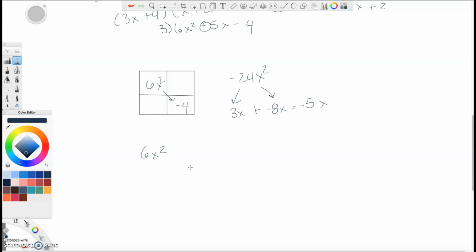That's the tricky part. I know 6x squared and 8x have a common factor as well. You can pull out a 2, but I don't think that's going to work. Maybe it will, so let's give it a try. 6x squared minus 8x plus 3x minus 4. I group my two terms like this.